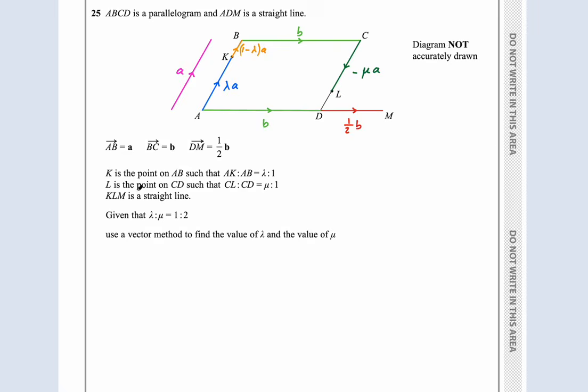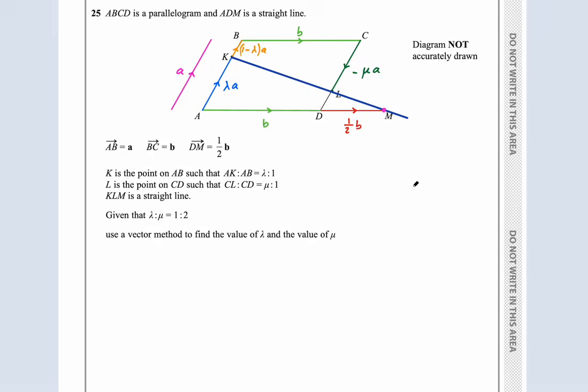Okay, he says KLM is on a straight line. So this is a straight line here from K to L to M. Let's put in the point M. Let's just put it in like this.